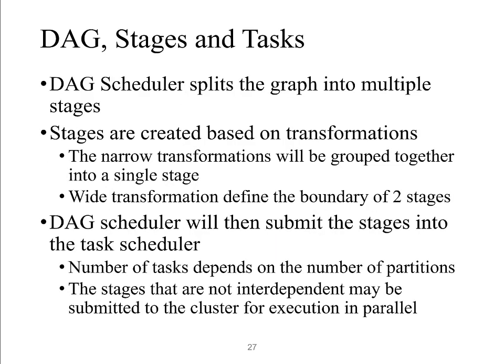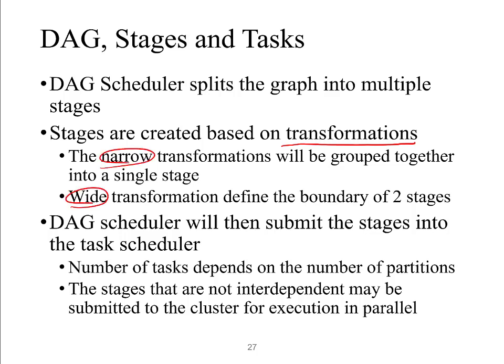So the DAG scheduler will split the graph into multiple stages. Stages are created based on transformations. What does this mean? There are two kinds of transformations, the narrow transformation and the wide transformation.